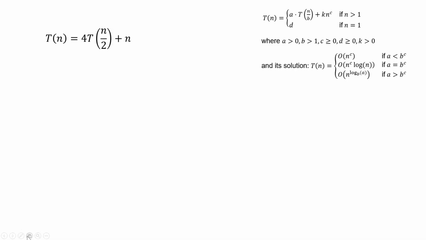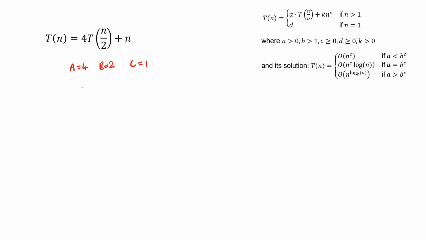Now, at any point, start to try these out yourselves. Pause the video, and write down what A, B, and C equal. We should have A equals 4, B equals 2, C equals 1, because this is n to the power of 1. This would be the same, by the way, if I put a 5 here. That wouldn't change that c is still equal to 1.